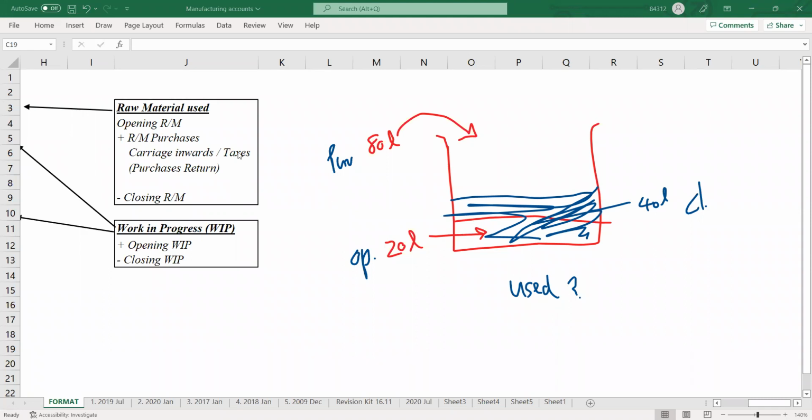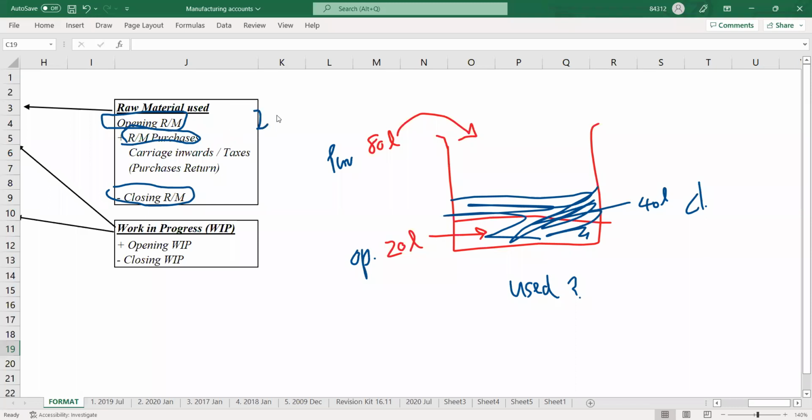So we take the opening stock, add purchases, minus closing stock. That is how you calculate the used material amount.